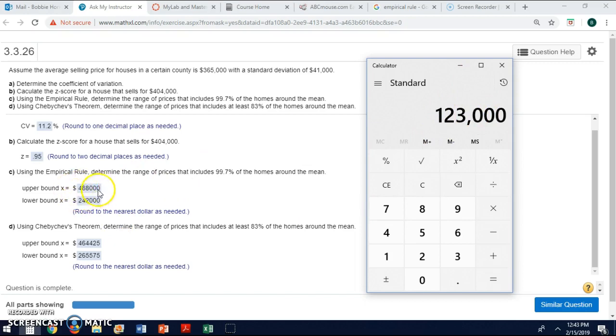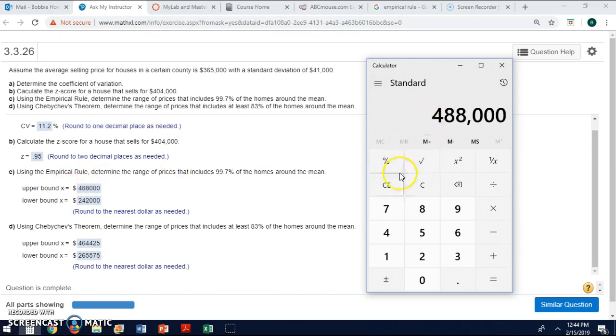To get my upper limit, I take this 123,000 and add it to the mean. If you look at the problem at the top, you'll see the mean is 365,000. So if you add 365,000 to 123,000, you get your upper limit of 488,000.